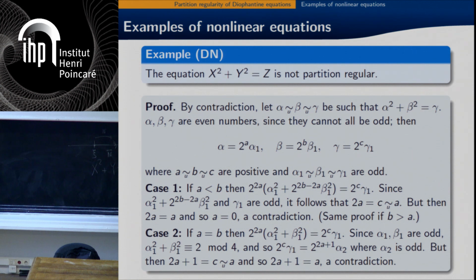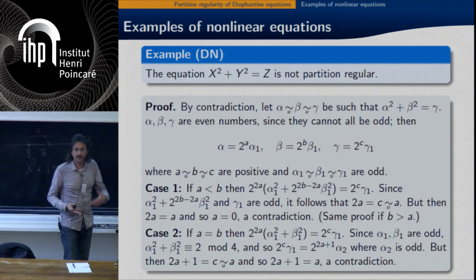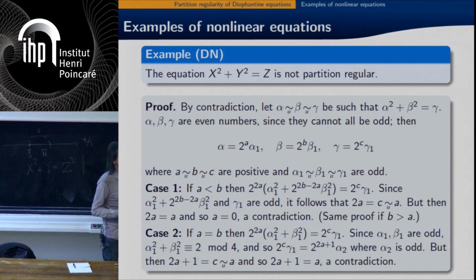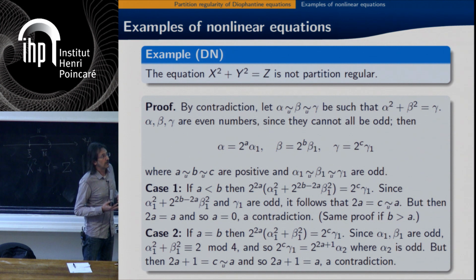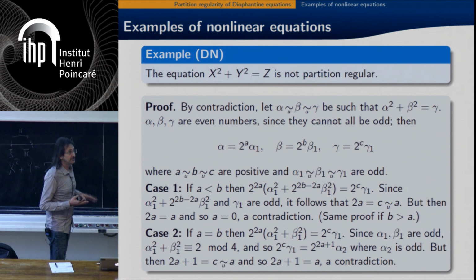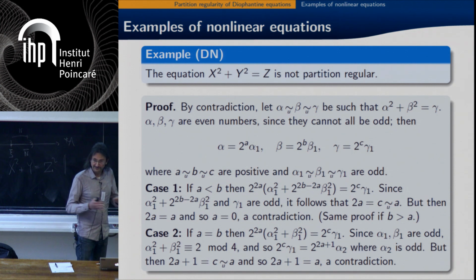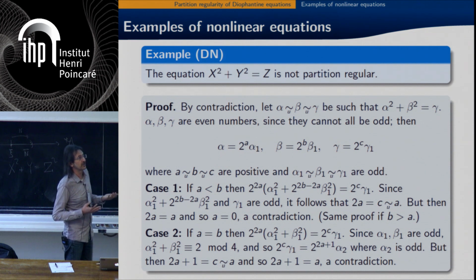Now, the exponent of 2 of a number is the image under a function. So it means that if alpha, beta, and gamma are equivalent, also these exponents are equivalent. Now, these 3 numbers are equivalent and they are even, they cannot be odd. So these exponents are positive. And we distinguish 2 cases.